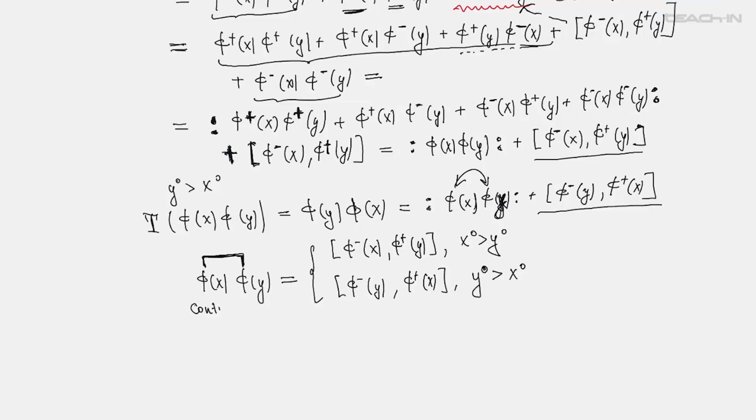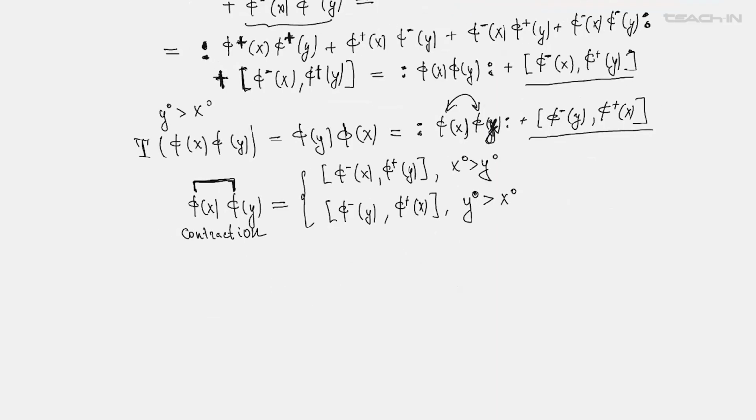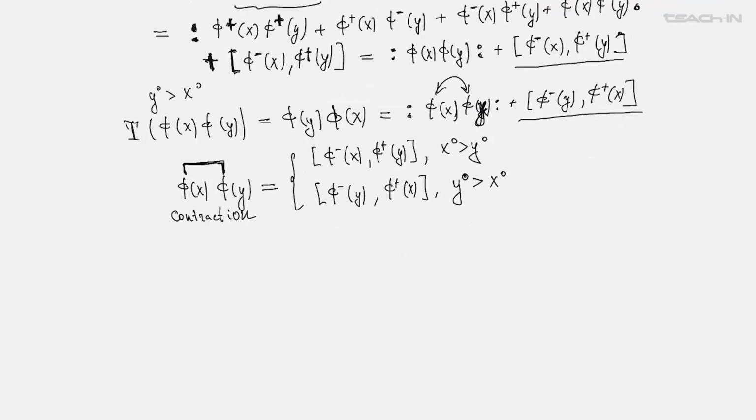And if you now look at this expression for the contraction, you realize that it is nothing else than a Feynman propagator, because you can write this contraction as a single formula: theta function x0 minus y0 times phi minus on x, phi plus on y, plus theta y0 minus x0 times phi minus on y, phi plus on x.